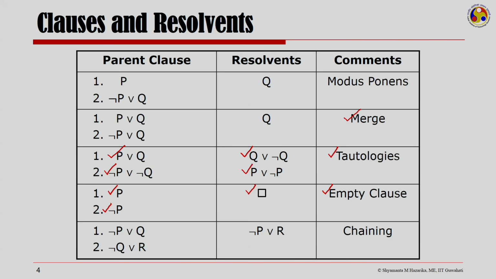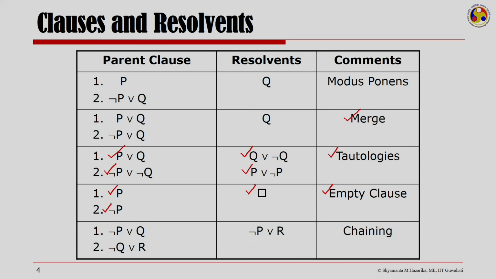And if you take a moment to reflect, having P and not P is about having a contradiction in the knowledge base. A contradiction, when we resolve, we end up having an empty clause.